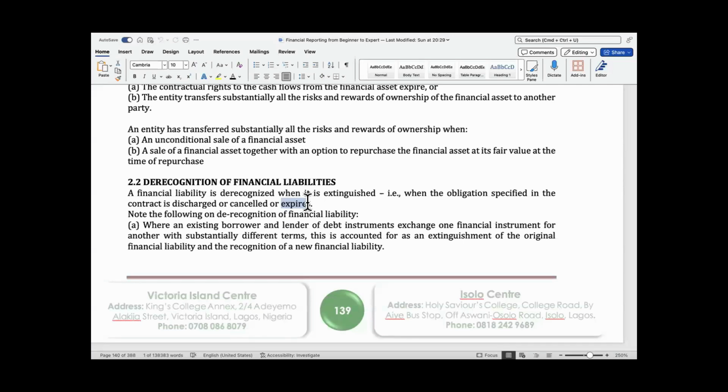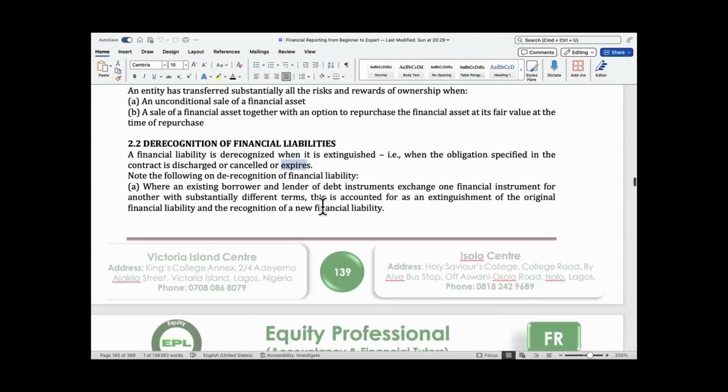We have to advise them that no, you cannot derecognize it on the basis that you have the money. You can only derecognize it when it is extinguished. You haven't discharged it, it hasn't expired, and it hasn't been cancelled. So you have to continue to keep it in your books until it is actually extinguished. That's the major idea behind the derecognition of financial liability.